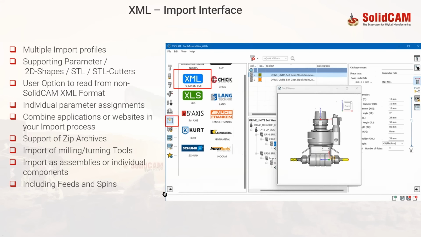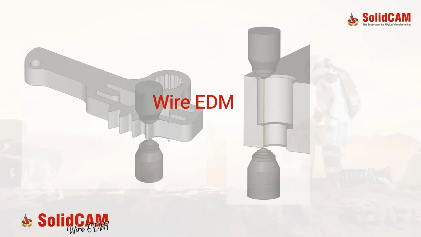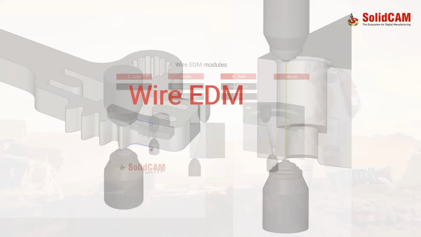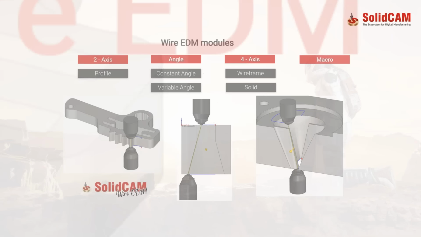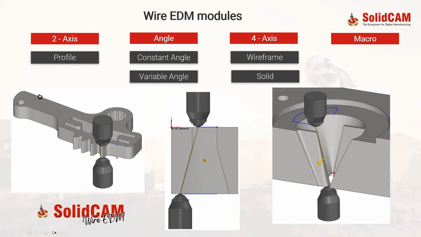You probably heard that in 2025 we introduced the VAR EDM. I think this is one of the greatest modules that we introduced in 2025. I will not go into very explicit details, we already had a webinar about it. I will just mention here that we support four jobs, basically. When you have a simple profile, it's a 2-axis job.